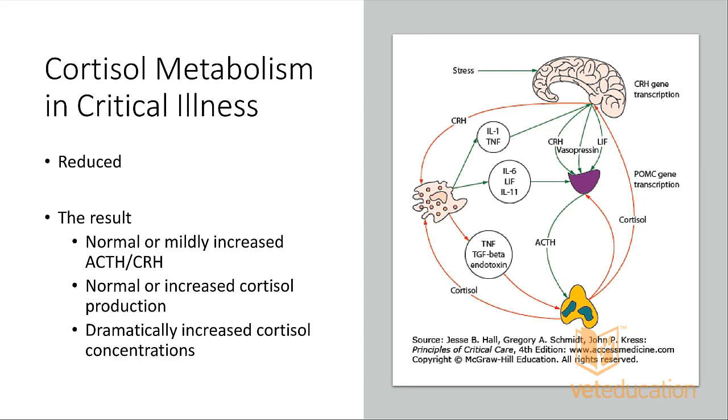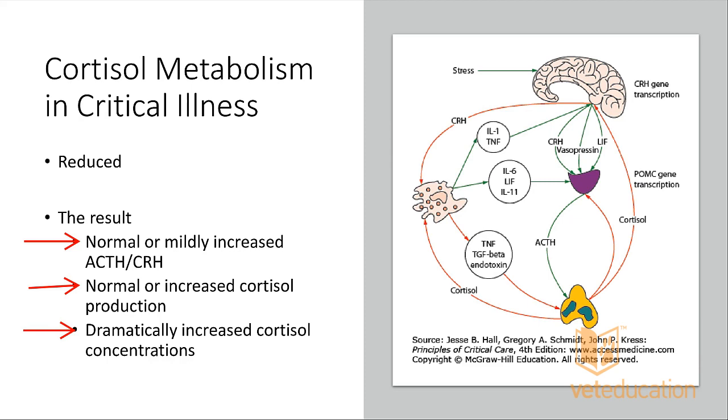But what we actually see in our patients is that we have either normal or only mildly increased ACTH or CRH concentrations. We actually end up with normal or mildly increased cortisol production, but we get dramatically increased cortisol concentrations. This is important when it comes to testing our patient for whether or not they have critical illness-related corticosteroid insufficiency or not.